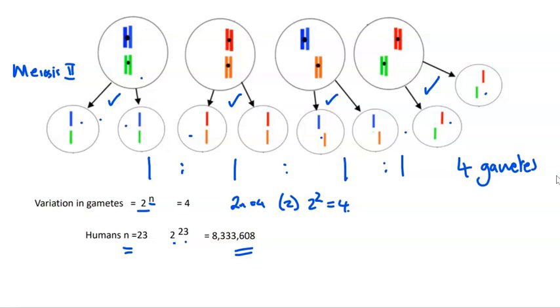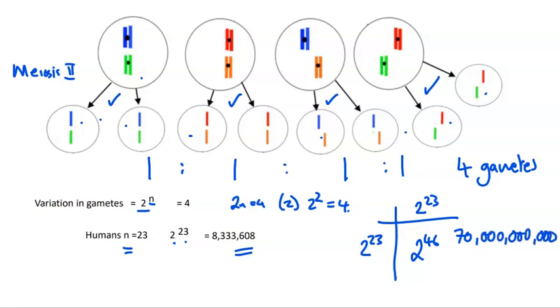Now, of course, a quick calculation will show that if we take this one step further, then if the paternal side has 2 to the power 23 and the maternal egg production is 2 to the 23, then this means that we have a potential of 2 to the power 46 different possible fertilizations, which I understand to be somewhere in the region of 70 trillion different possible outcomes from 2 human beings having a child.